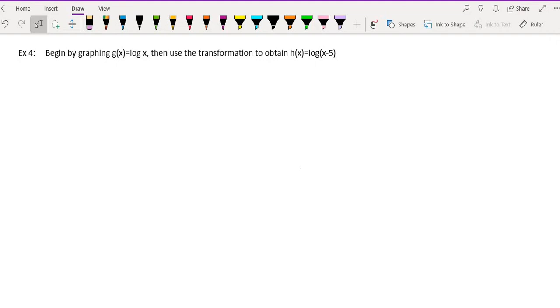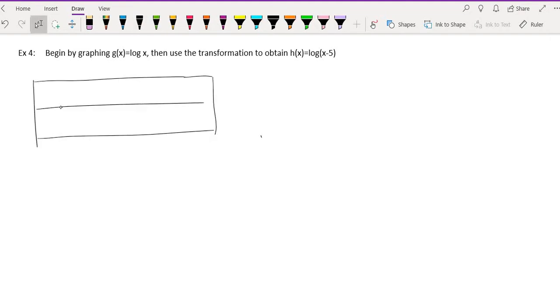Example 4, begin by graphing g of x equal to log x. Then use the transformation to obtain h of x equal to log x minus 5. Remember, if there's no base, that means your base is 10, that's your common log. This is very similar to what we learned from last session.